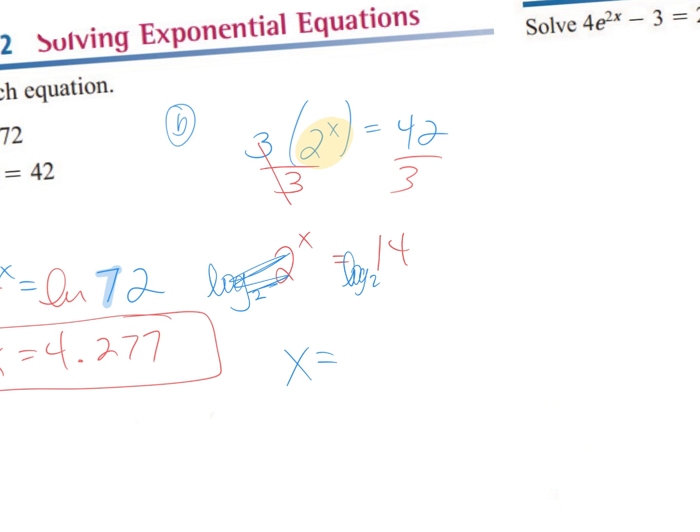So I have x equals, this is the change of base that we did the other day. How do you put that in your calculator? Log 14 divided by log 2. It's log of the number divided by log of the base. So in your calculator, hit log 14 divided by log 2. 3 decimal places. What'd you guys get? 3.807.